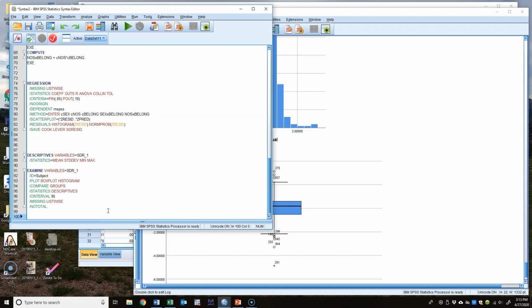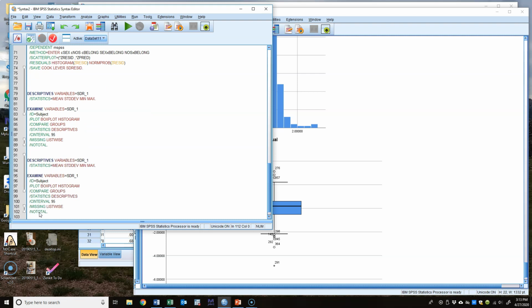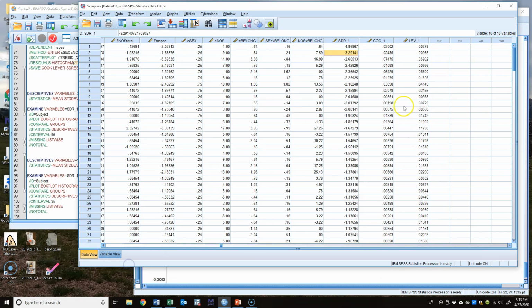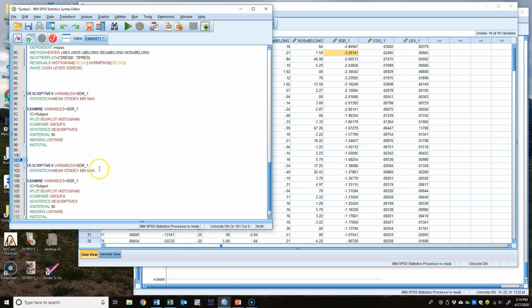Okay. So next, the same thing, but we want to take a look at my leverage values. Remember that leverage is our measure of multivariate outliers, and SPSS gives us centered leverage values.